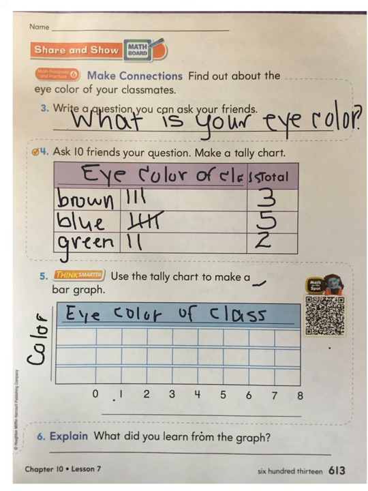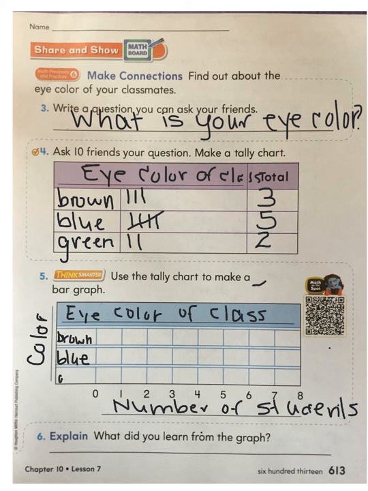And on the bottom, number of students. And the first eye color we had was brown. And then we had blue. And last, we had green.